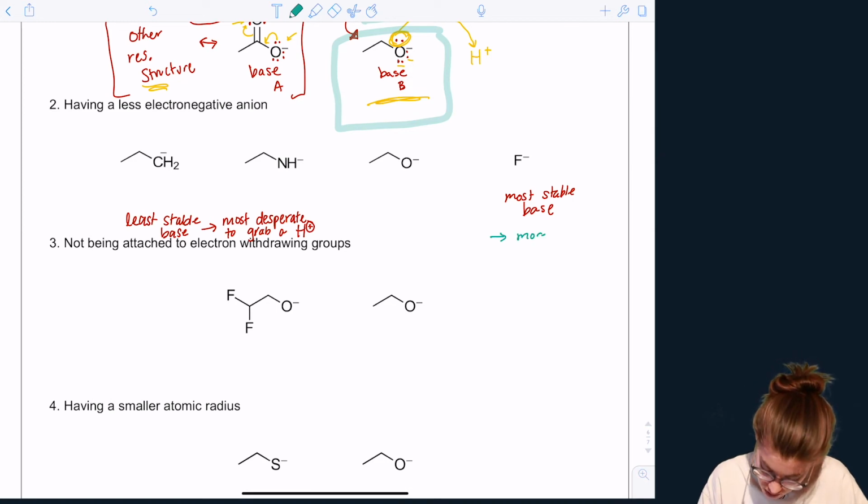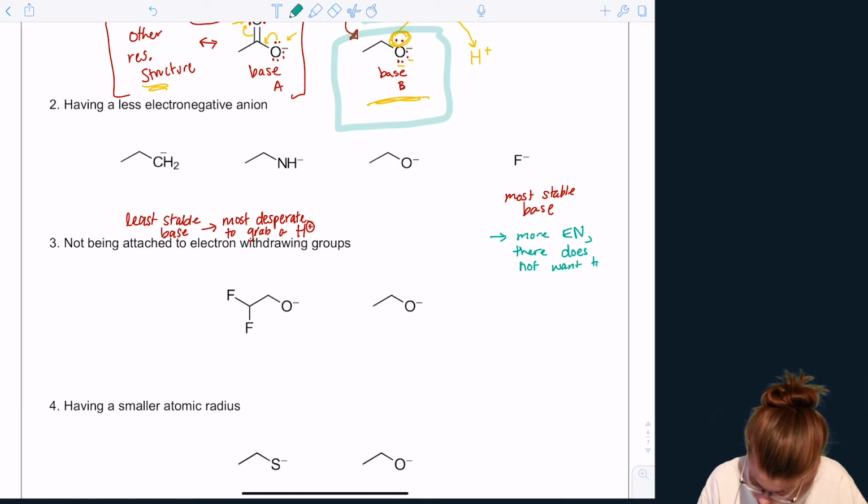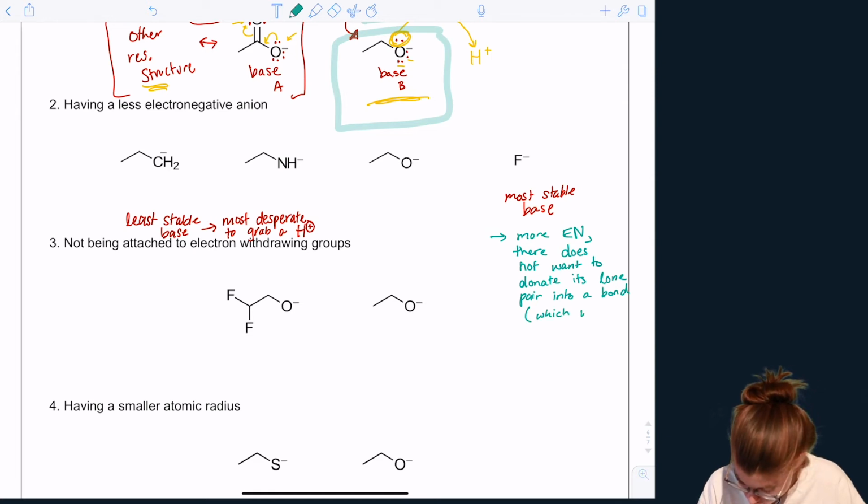So it's more electronegative, therefore does not want to donate one of its lone pairs into a bond which would form, well, how should I phrase that?